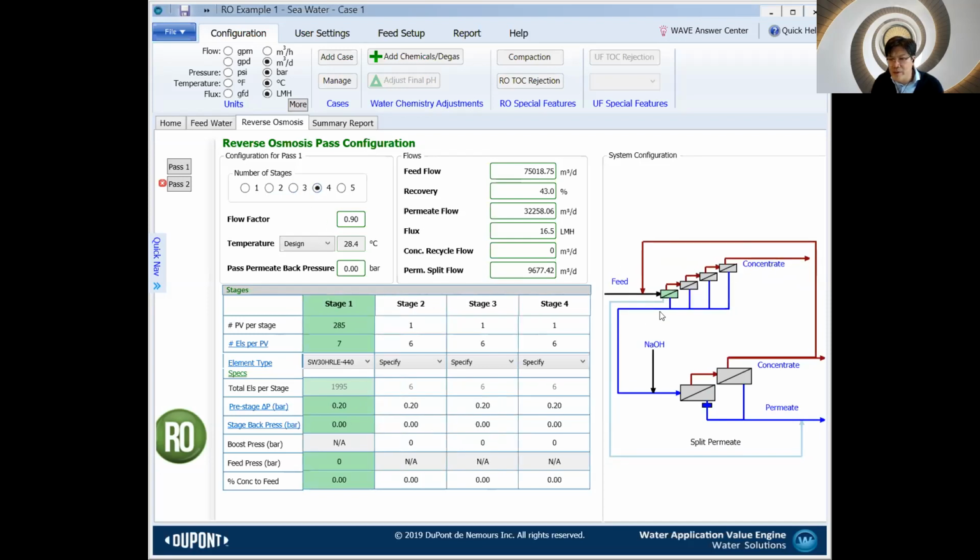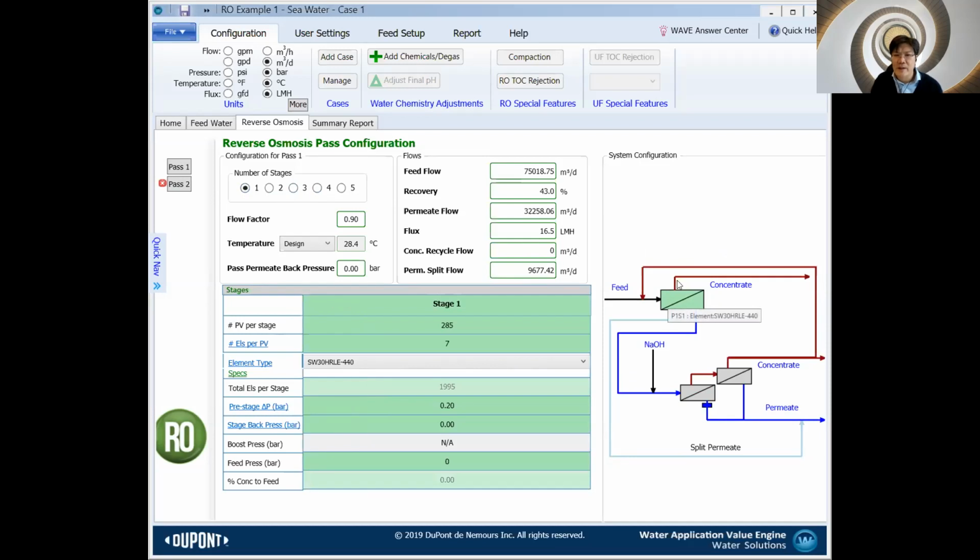Depending on your recovery, you can design how much you increase your stages, and this will affect your overall recovery. You can change the stage from here, and the first pass, second pass from this part.